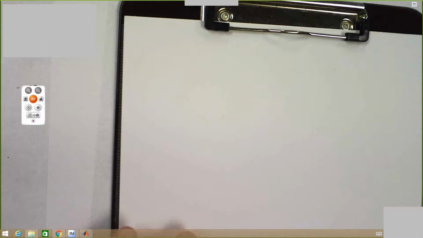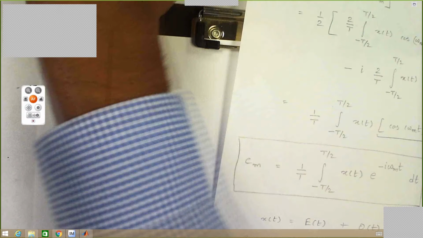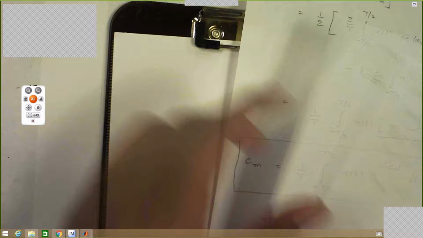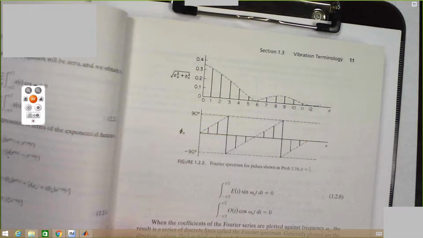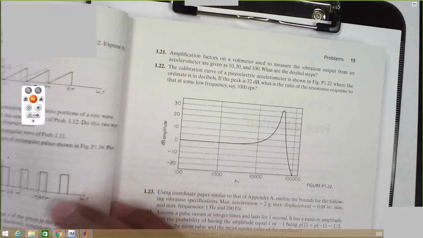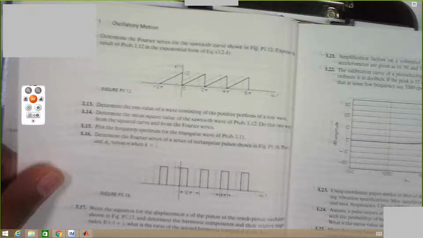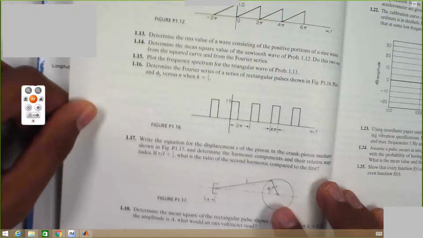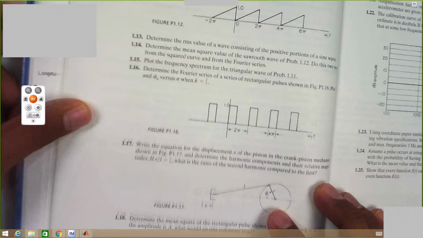Okay. Now let's take a look at an example, and then we'll try to implement the same example in MATLAB to give you a little bit of an idea. In particular, I'm looking at figure 1.2.2, which is the Fourier spectrum for the pulses shown in problem 1.1.6. So let's take a look at 1.1.6. All right. Does everybody see this picture clearly?